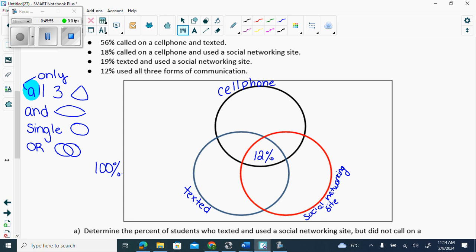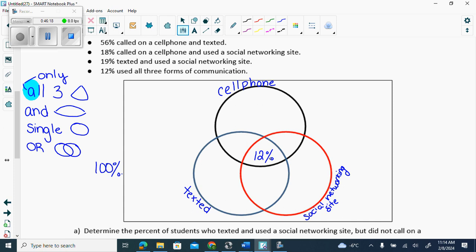Now, those people used all three. They used texted and cell phone and social. But did they actually text and cell phone as well? Are they in the text and cell phone eyeball? Yep. Are they in the cell phone and the social networking eyeball? Yep. Are they in the texting and social networking eyeball? So those people have actually done those as well, right? That's why we have to start in that very middle.